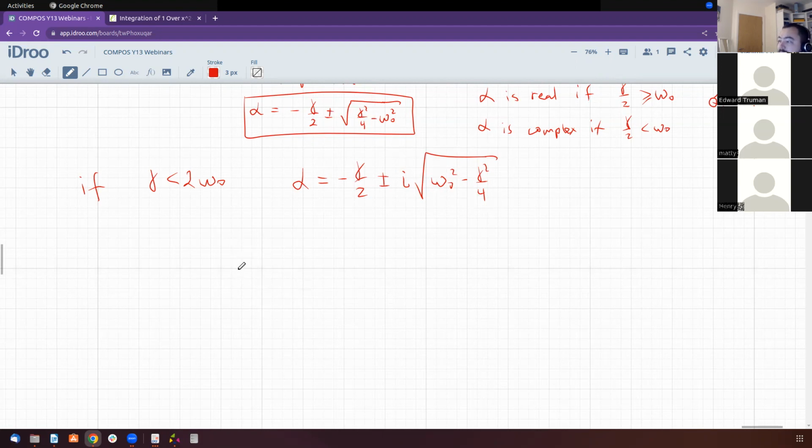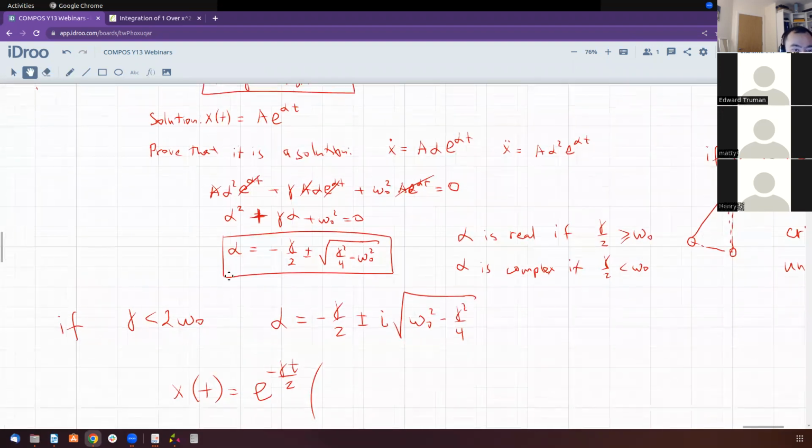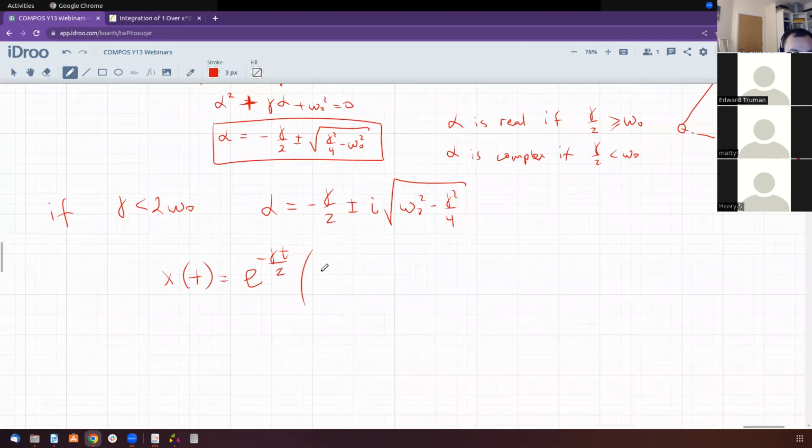And then the solution can be written as x of t is equal to e to the minus gamma t over 2, times A plus e to the i square root of omega 0 squared minus gamma squared over 4 t, plus A minus e to the minus i square root of omega 0 squared minus gamma squared over 4 t.